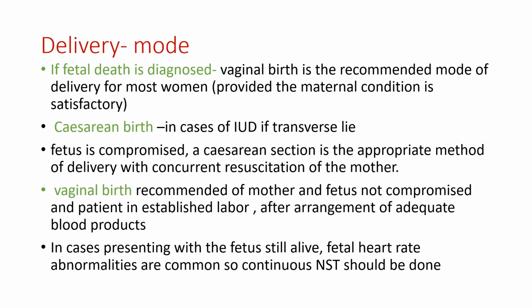So even if there is IUD, there are some instances for which you have to do a cesarean section to stop the bleeding. So these are the two indications where you go for cesarean section. And vaginal delivery when there is IUD and you have time, the mother is stabilized, there is not much active bleeding, you can wait for vaginal birth.